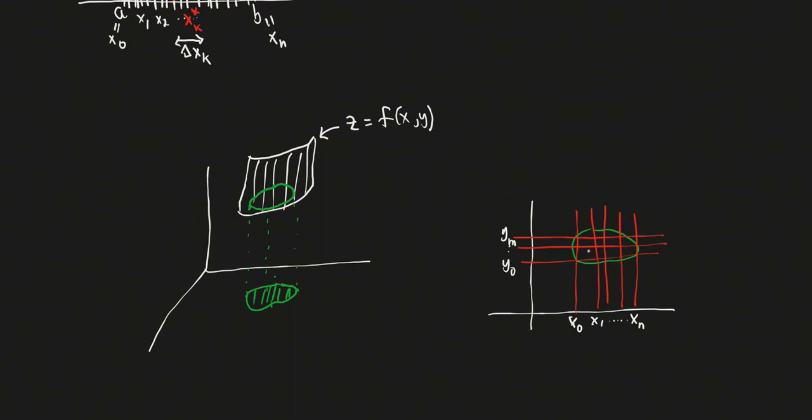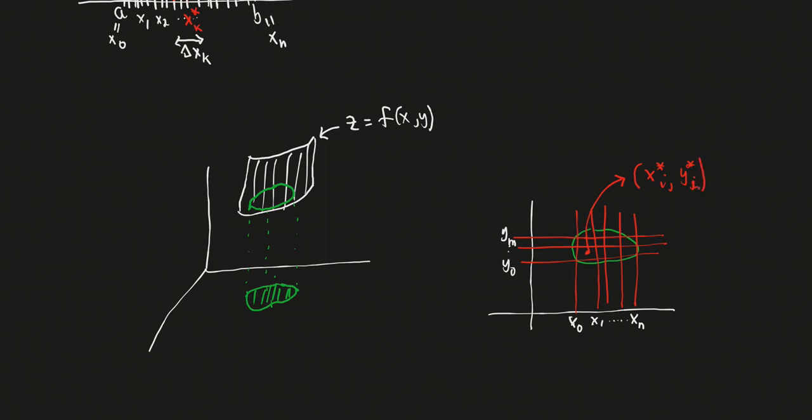Then, what do we do? Well, in each of these little rectangles, we're going to pick a special ordered pair, right? Just like how before we picked a special x, now we're going to pick a special ordered pair. So let's say I just go for that one, and then I'm going to indicate what it is. It's an ordered pair, so it has an x and a y value, and I'm going to call it x star i comma y star i, right?